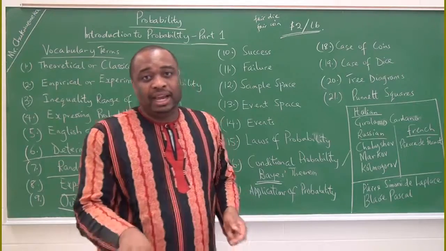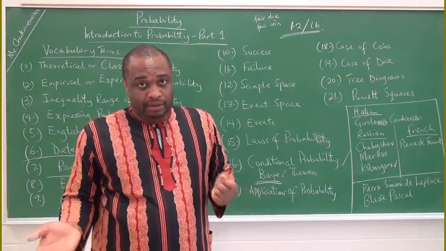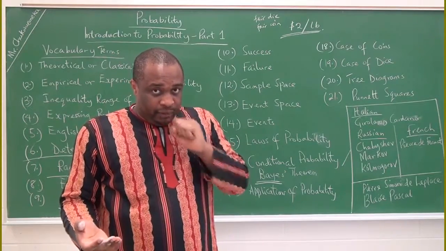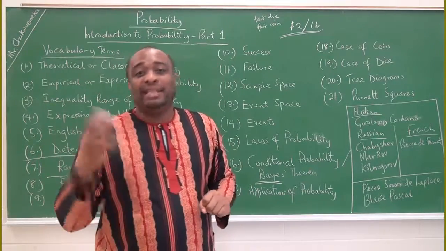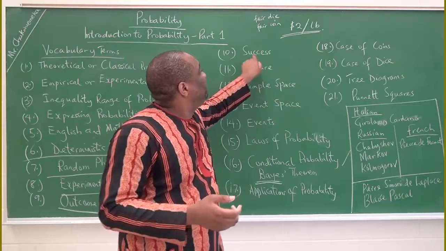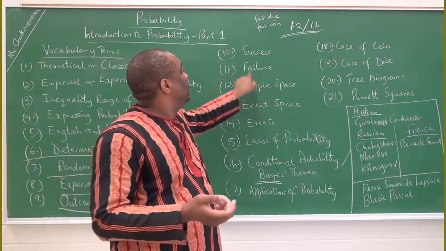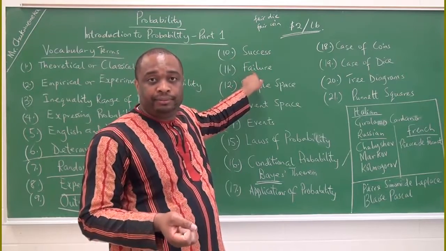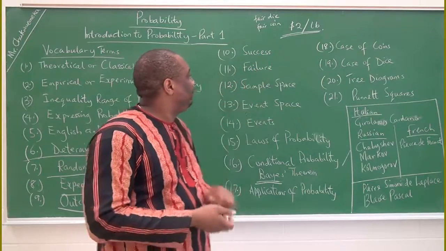If it lands on the head, that is success, a favorable outcome, a favorable result. If it does not land on the head, then it is a failure. So favorable outcomes of an experiment are what we call success. Unfavorable outcomes of an experiment are what we call failure. This is a positive outcome, this is a negative outcome.